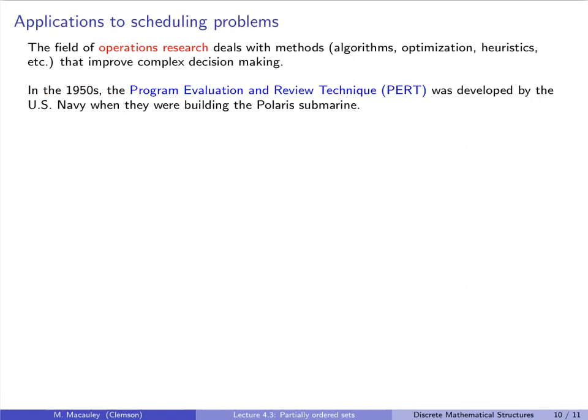Back in the 1950s, the so-called Program Evaluation and Review Technique, or PERT for short, was developed by the United States Navy when they were building the Polaris submarine. In fact, a lot of origins of operations research problems can be traced back to military research, especially around the time of World War II.